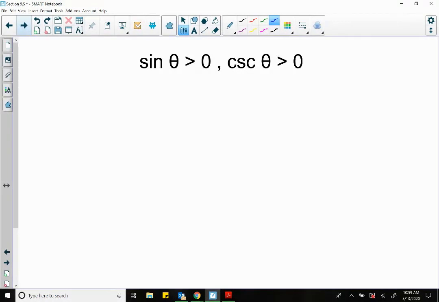So here, you've seen these. You need to remember back from 9.2, the A, S, T, C. All students take calculus. All students take calculus. Remember that told you the quadrants where trig functions were positive.